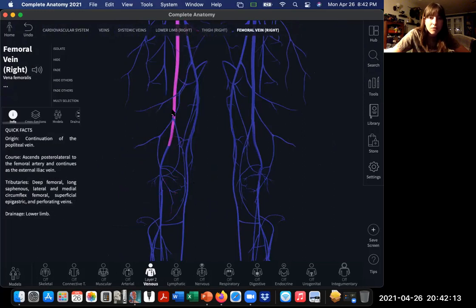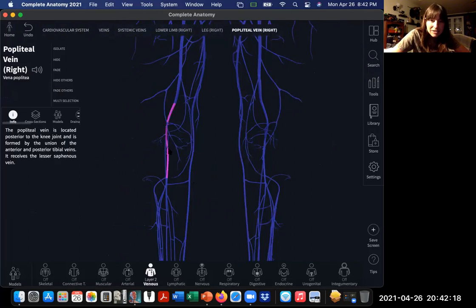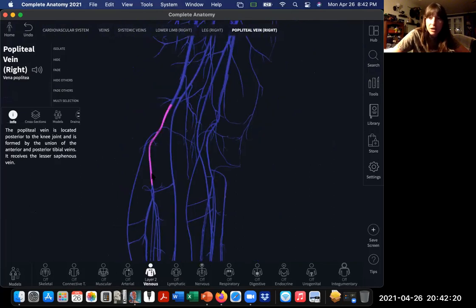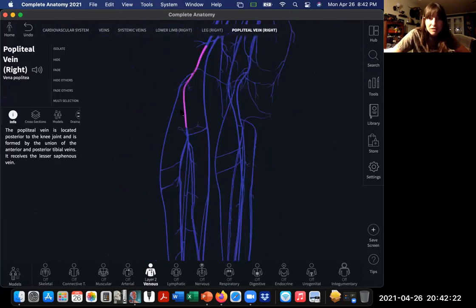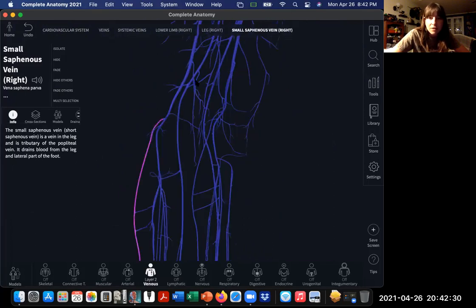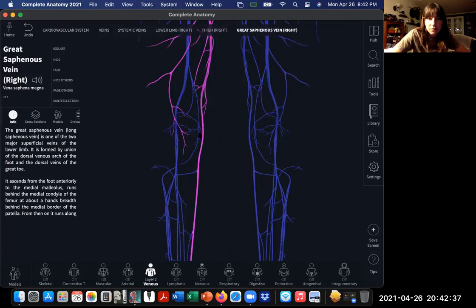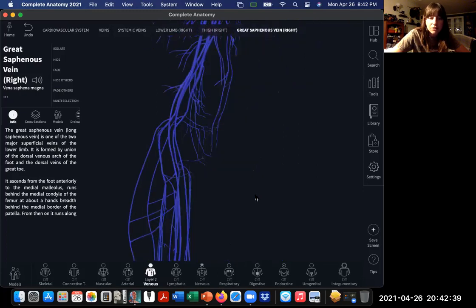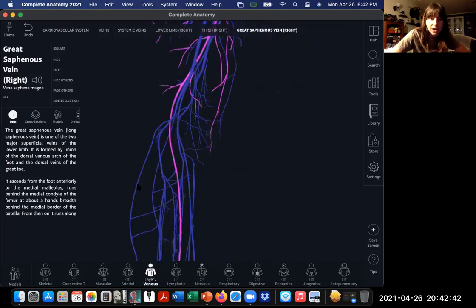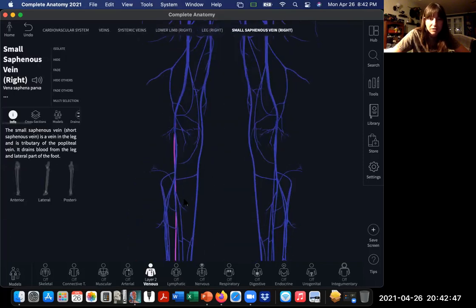Meanwhile, the femoral vein is becoming the popliteal vein. That popliteal vein, which goes around the back of the knee, is going to be contributed to by the small saphenous veins. So the great saphenous is here, anterior and medial. The small saphenous vein is going to be posterior, really just posterior here.